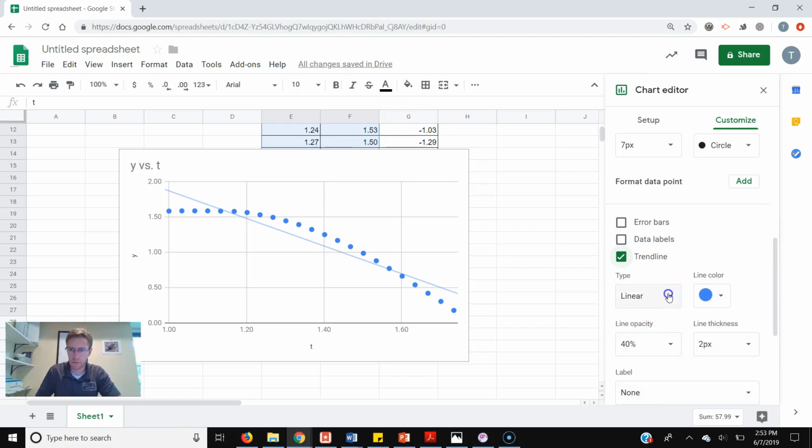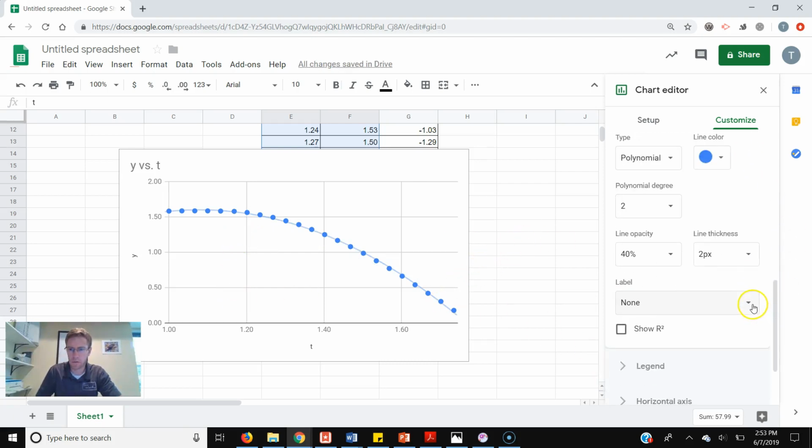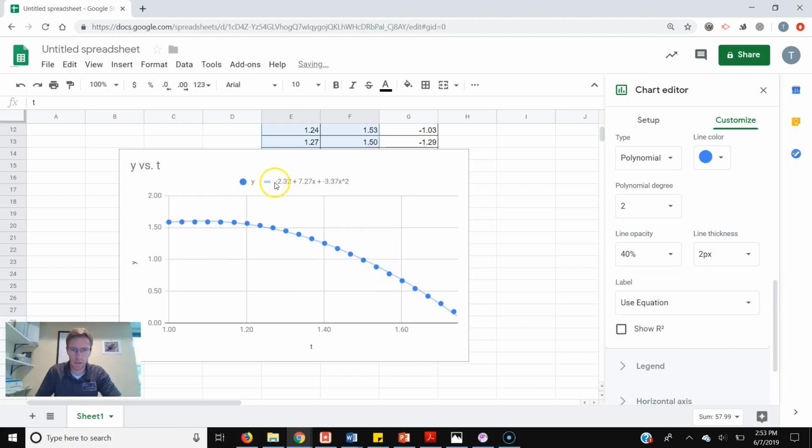But now that we're doing position, we want a polynomial of order 2, time squared. So there's our polynomial of order 2, and we want to look at the equation. And so here's our equation that we could enter and use for collecting our data. So it's a t squared, but instead of t, it's calling it x. So a would be negative 3.37, b would be 7.27, and c would be negative 2.32.